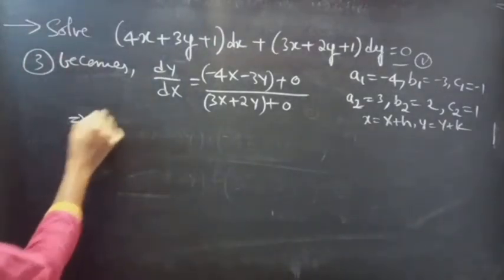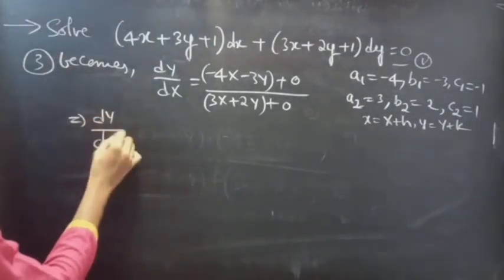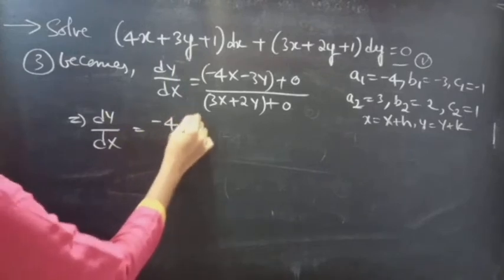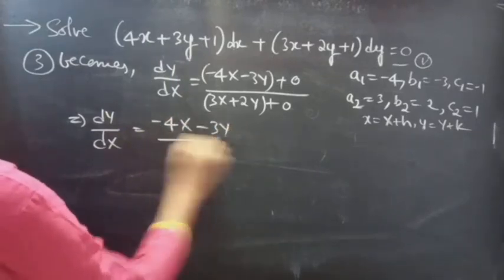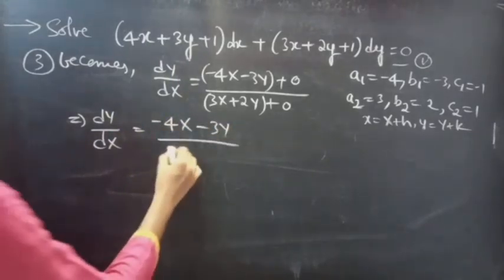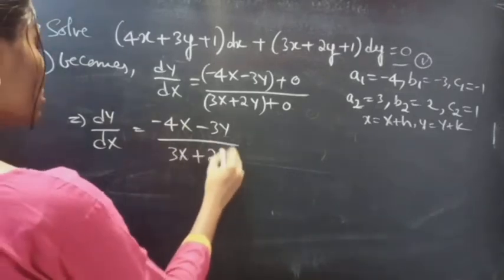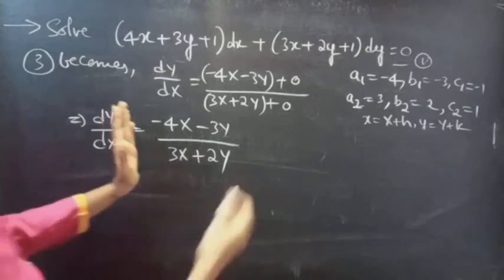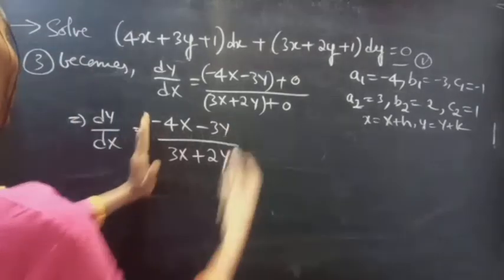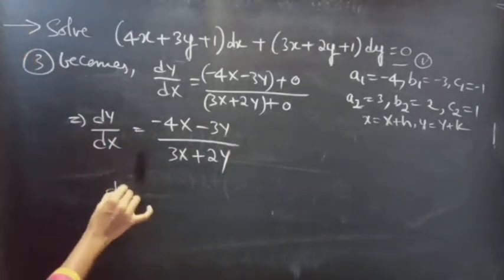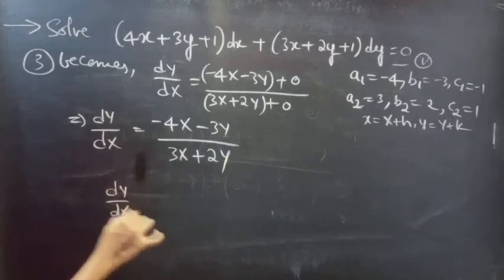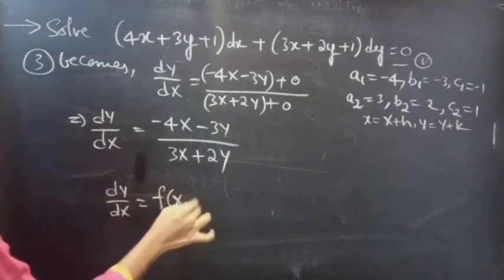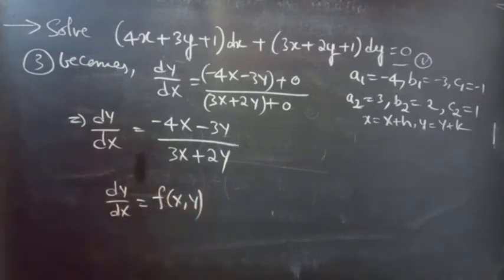Then dy by dx equals minus 4x minus 3y by 3x plus 2y, right? So dy by dx equals some function of x and y.